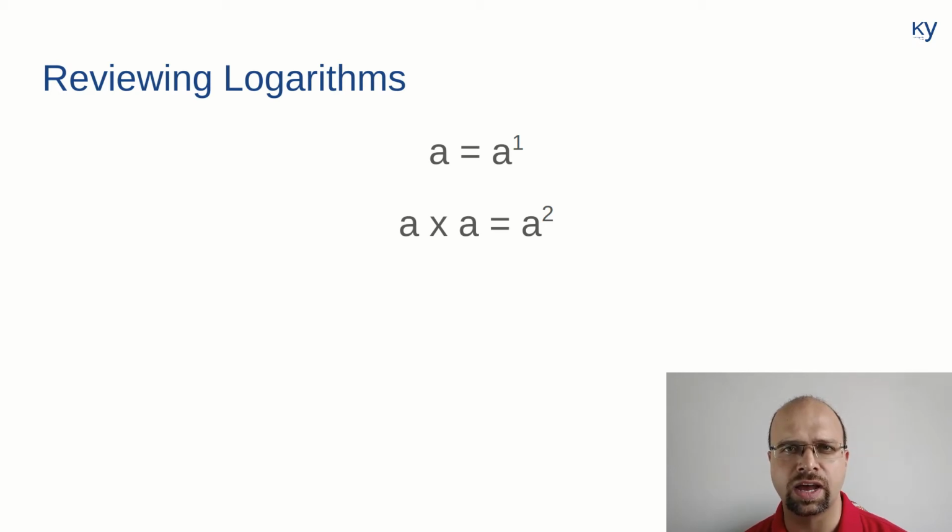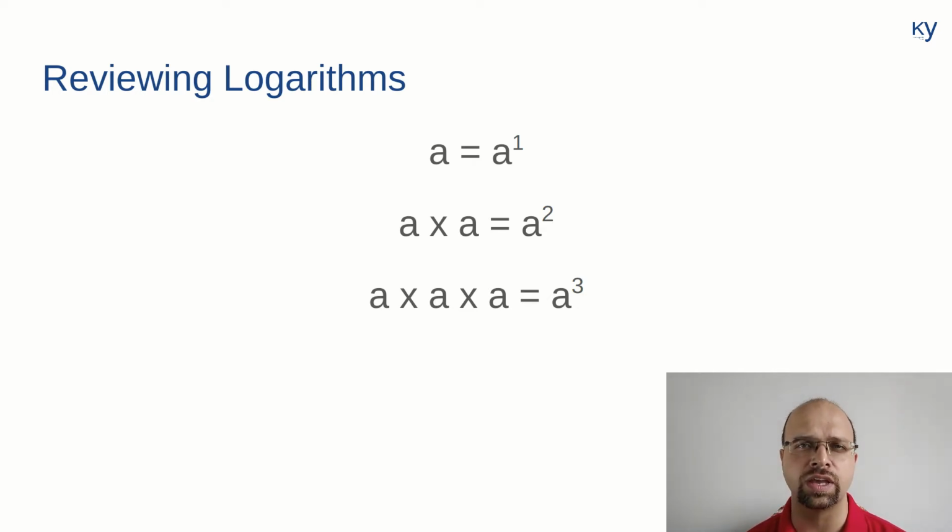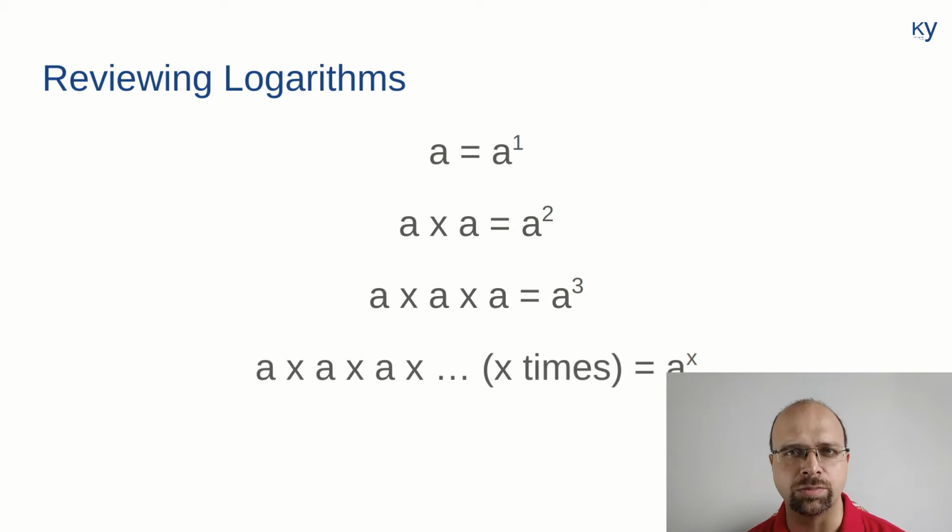Now suppose I do A into A, a total of 3 times, then we have A raised to the power 3. So if A appears 3 times, then we have A cube. Similarly, we can make a general notation and write A into A x times, and that would be called A raised to the power of x.